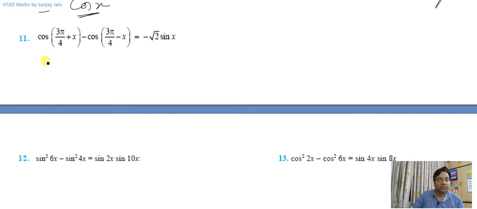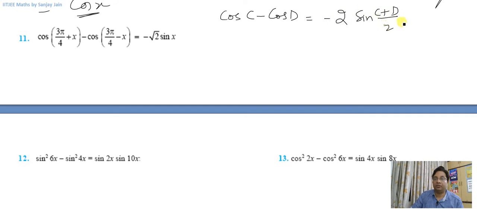Now see, you have learned cos c minus cos d, right? What was it? Minus 2 sin c plus d by 2 sin c minus d by 2, right? This was the formula. Now let us say this is c, this is d. So cos c minus cos d is equal to minus 2 sin. Now the first term is c plus d by 2.